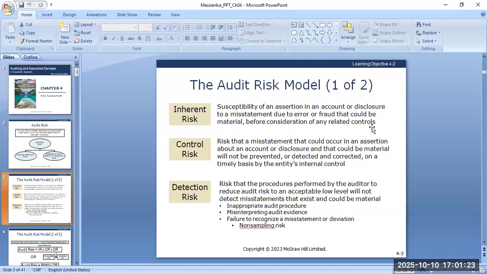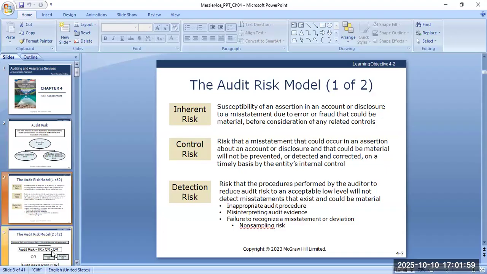So simply said, inherent risk is risk related to the business and the nature of the business. Control risk is the risk related to the internal control procedures in place. Detection risk is the risk that the auditor skipped the procedures, spent less time, and did not detect the misstatements in the financial statements.